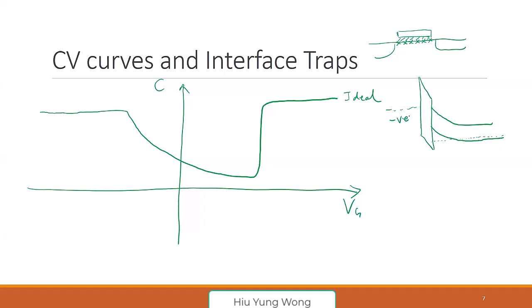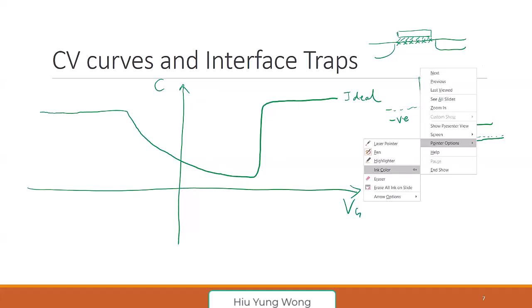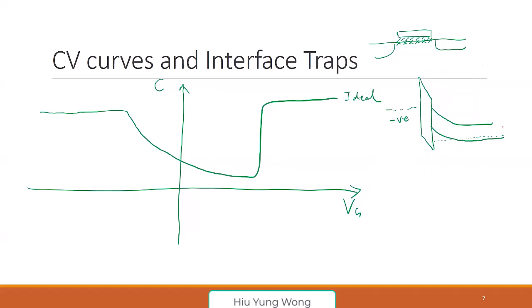When we say we have trap, what does it mean? Remember that this is the band gap. Inside the band gap, there is no state. There should be no electron. But because at the interface, due to imperfection, you actually have some states that can have electrons.